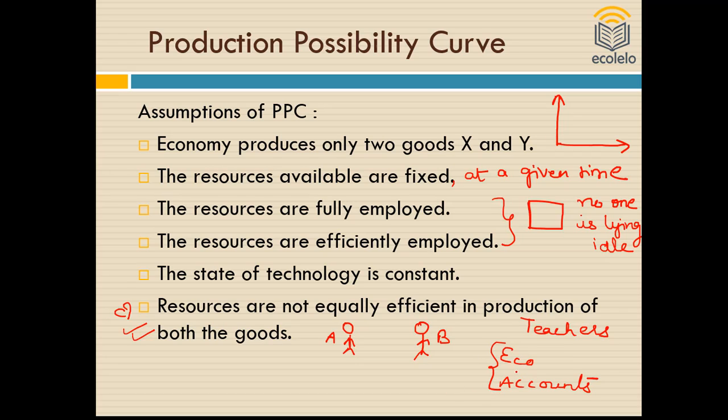The only difference is that Mr. A, although he can teach both economics and accounts, teaches economics in a better way as compared to Mr. B. On the other hand, Mr. B can teach accounts better than Mr. A. So what we are trying to say here is it can happen that both the resources can do a particular job, for example, teaching.